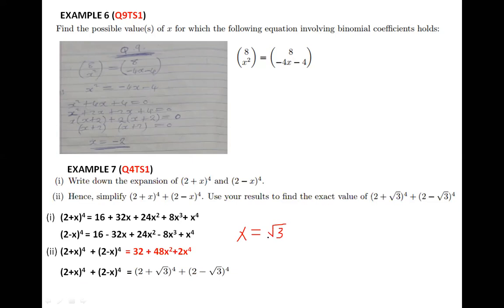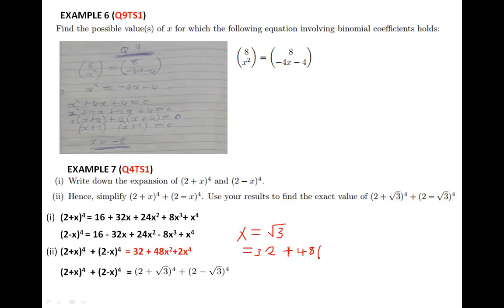So in short, what they are trying to say is that where there is x in this expression, you just put the root of 3. Where there is x, you put the root of 3. So you are going to have 32 plus 48x. Oh, sorry, where there's x, you put the root of 3.